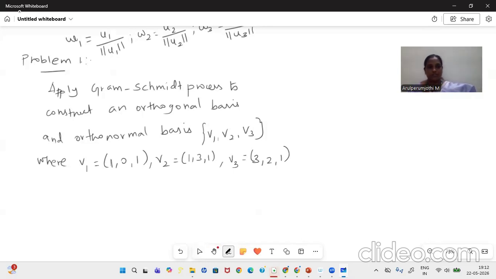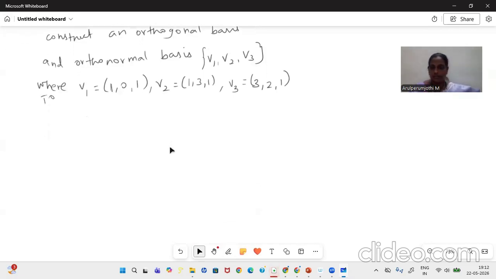Next, first we'll find the orthogonal basis. We have the formula already, so we'll do it step by step.